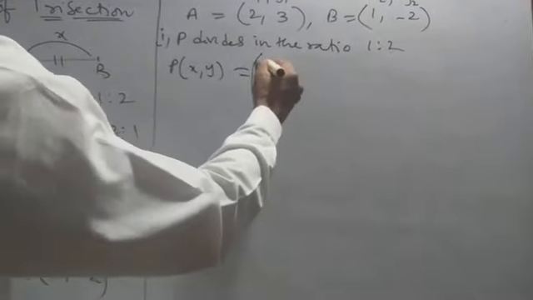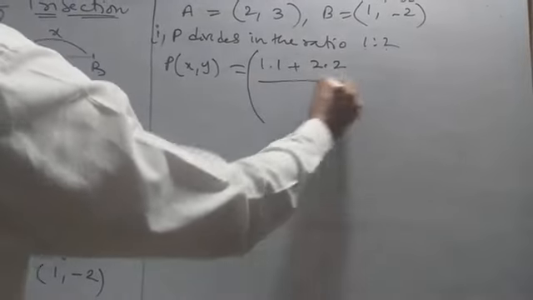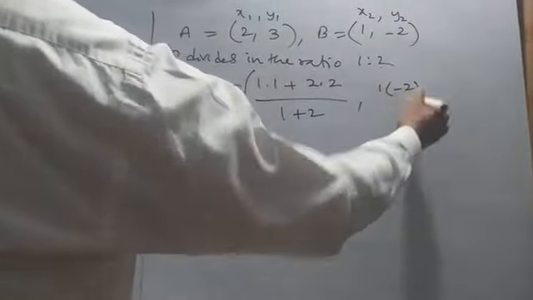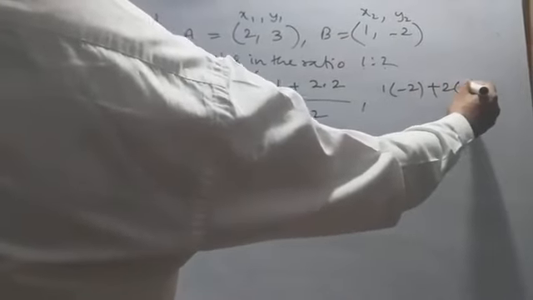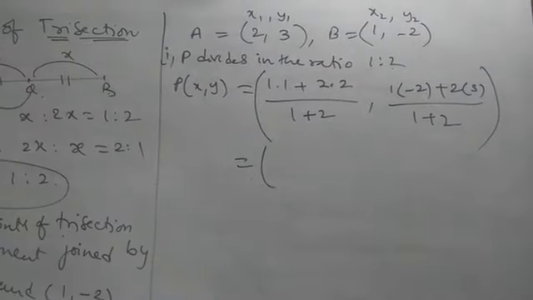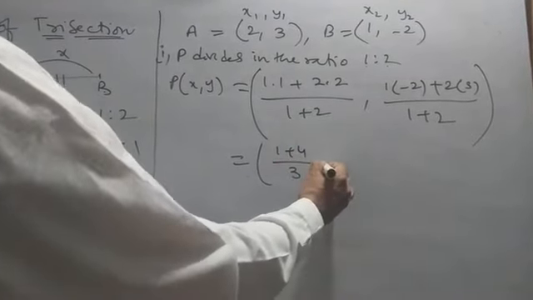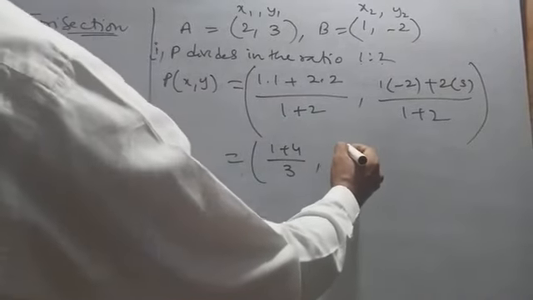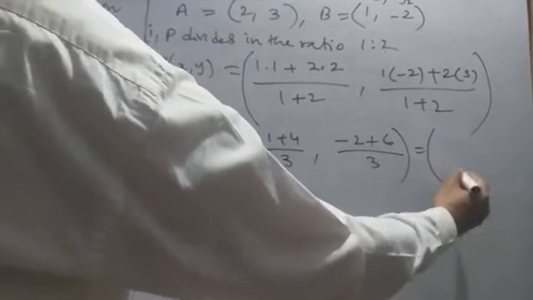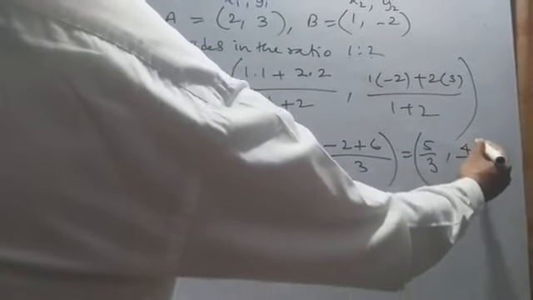So (1 into 1 plus 2 into 2) by (1 plus 2), comma (1 into -2 plus 2 into 3) by (1 plus 2), that equals (1 plus 4) by 3, comma (-2 plus 6) by 3, that is nothing but 5 by 3, comma 4 by 3.